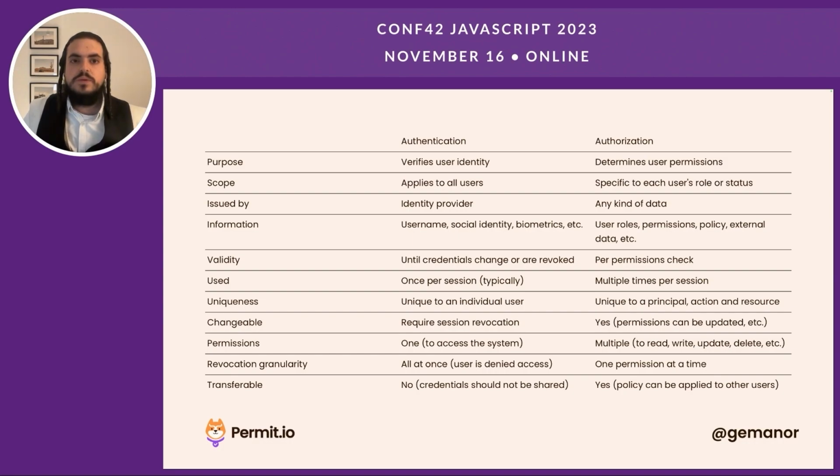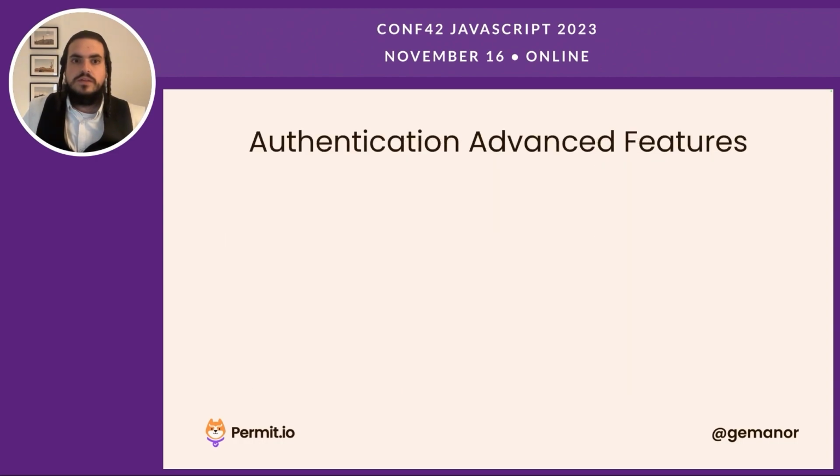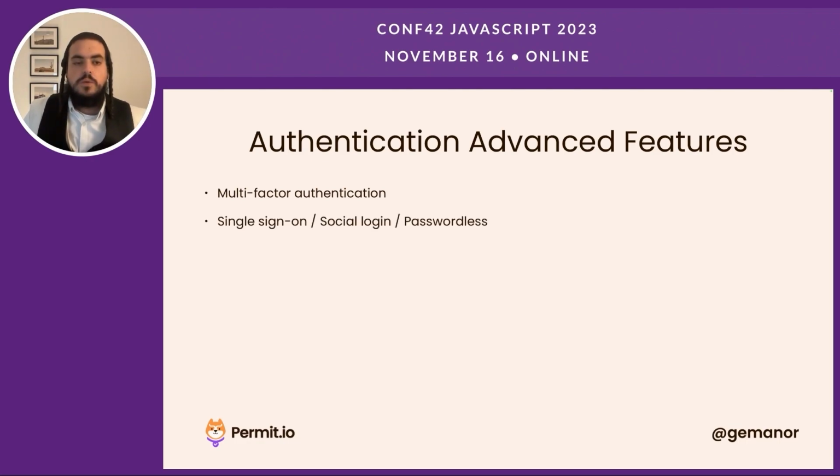So the difference between authentication and authorization is similar to a passport and a flight ticket, but authentication also has many advanced features. It's not as simple as it seems, like multi-factor authentication. We want to make sure that the user that just put in a password is the real user, so we are trying maybe SMS or an authentication app. We also want to let users use their own identity, so we give them social login, like login with their Google account or GitHub.